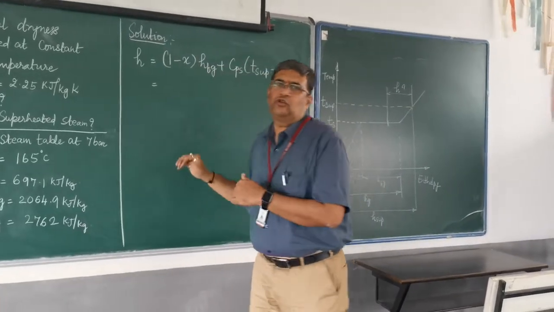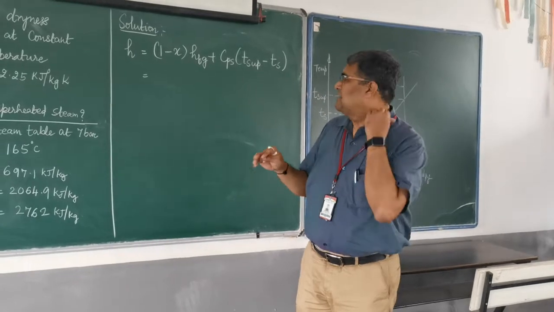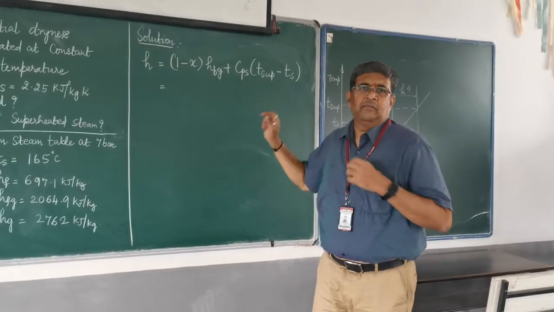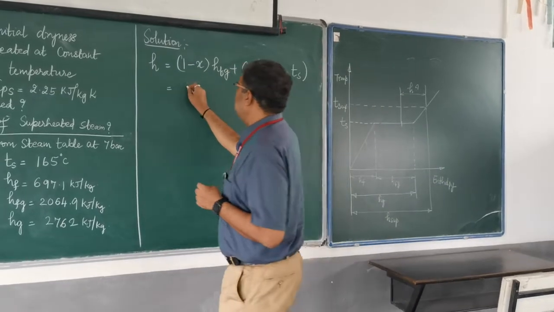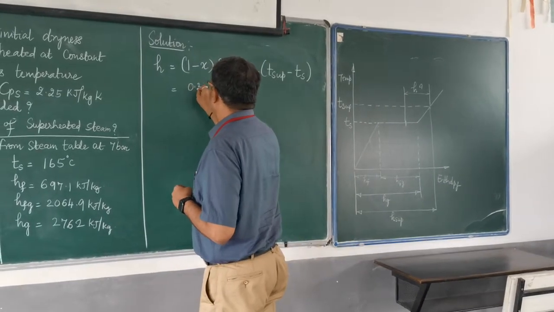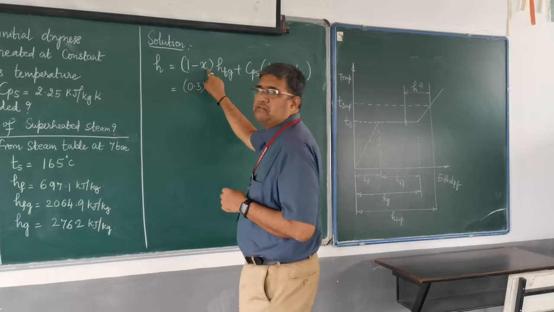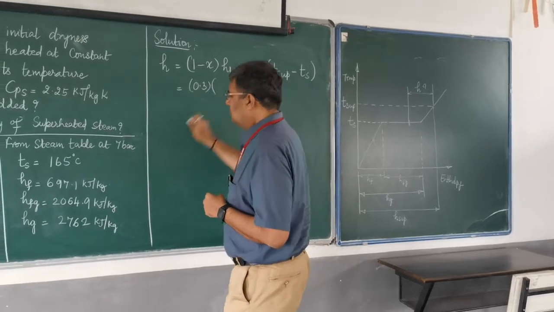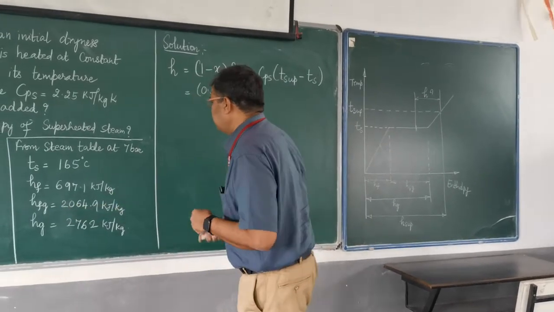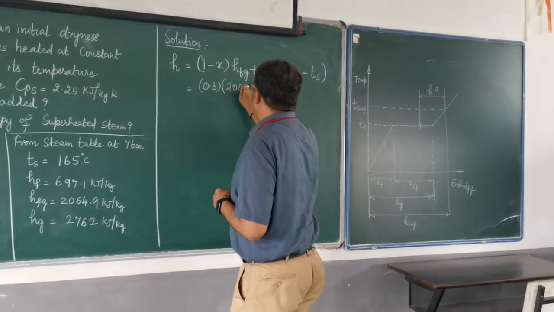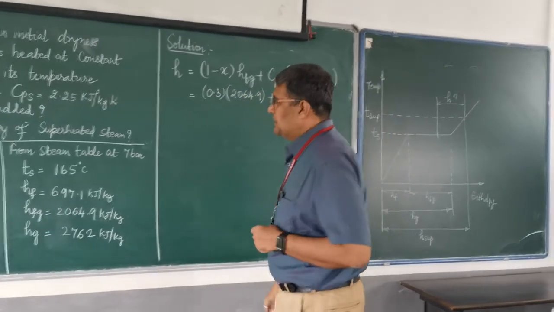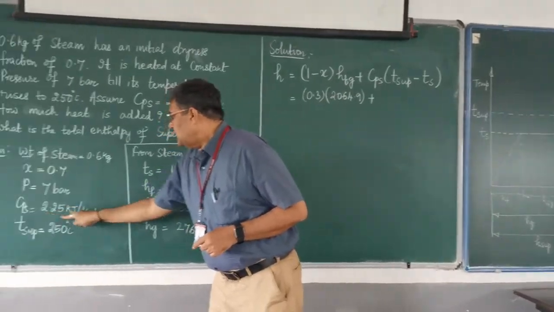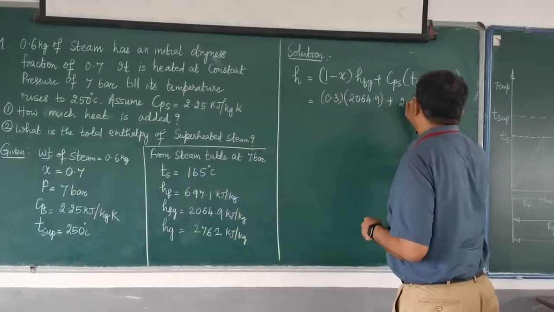Since I am giving the solution, I am not using the calculator. The final answers you can write them, substitute the values and write it. But here I just write the values. This is 0.3, 1 minus X, that is 1 minus 0.7 is 0.3, into 2064.9 plus CPS, this value is given as 2.25.